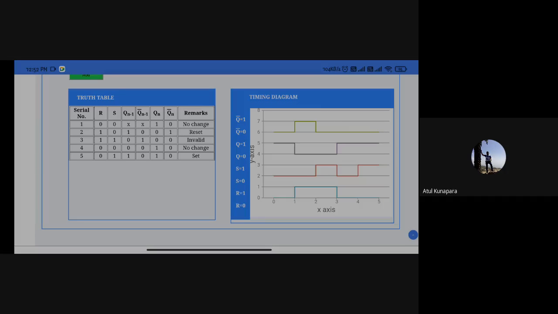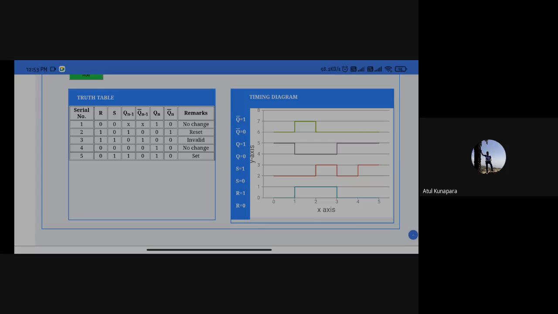At that time, at the output side, your Qn becomes 0 and Qn bar becomes 1. That is the reset condition. Qn minus 1 and Qn minus 1 bar are your past output, given here in the table. That helps you understand the present output. So here Qn is the present output, Qn minus 1 is the past output.